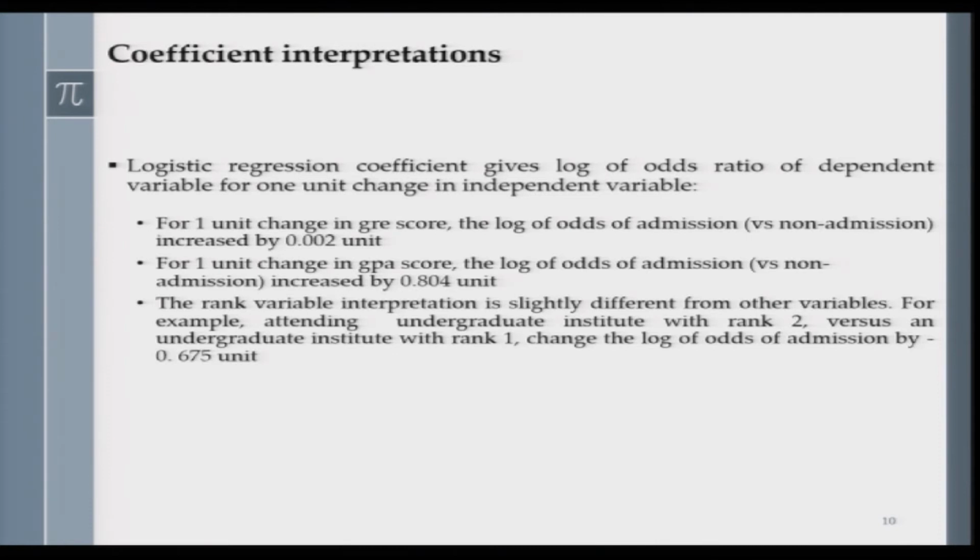So, basically the fitted value of the logit model at a particular value of x, say xi, could be obtained as b naught plus b1 times xi. Now, the fitted value at another value of x, say xi plus 1, then will be b naught plus b1 times xi plus 1.